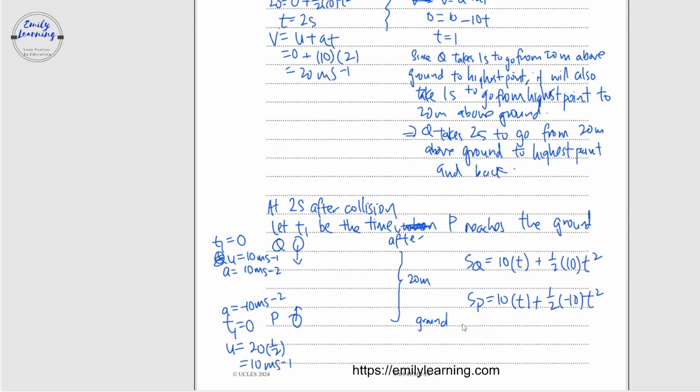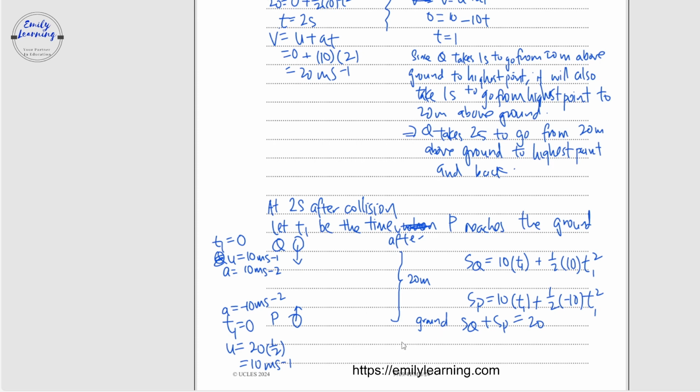When they meet, SQ plus SP equals 20, and they meet at the same point in time, so the T must be the same. So this one should be T1. Let's find what T1 is, and from there we can find how far P is above the ground.